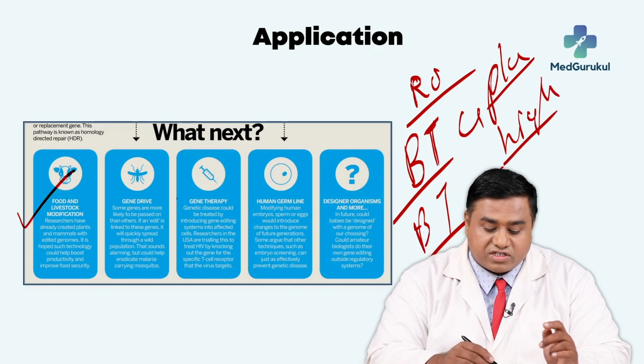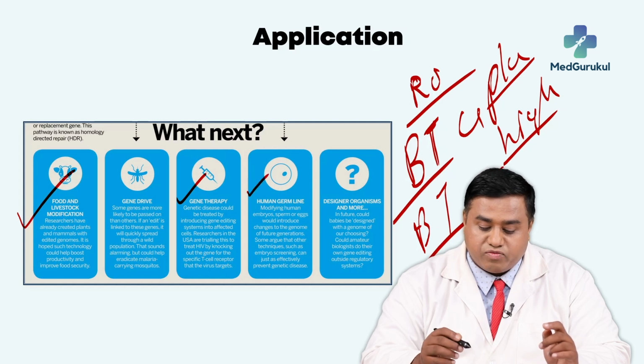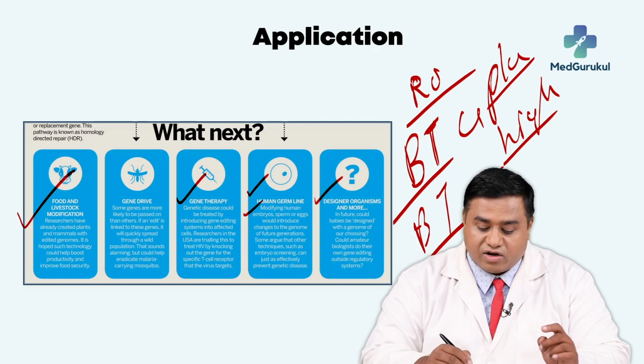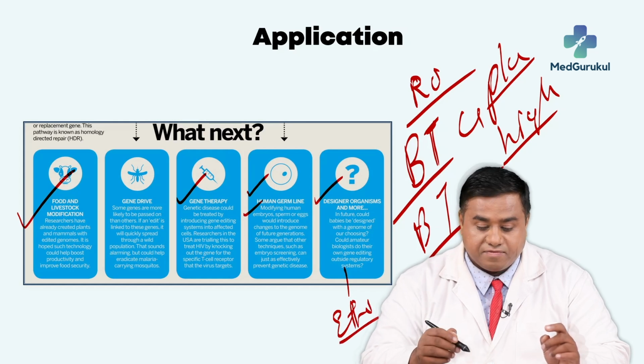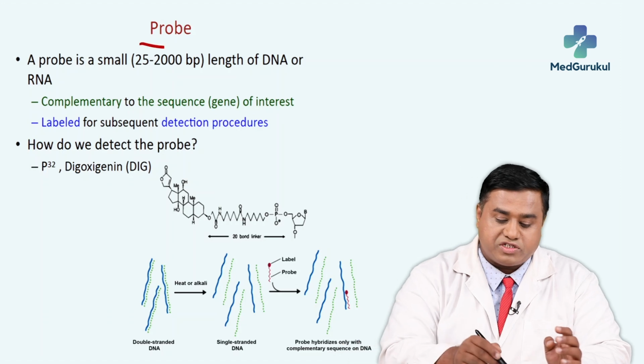We can also use it for gene therapy in the human germline so that we can modify the embryo and produce superhumans or designer organisms, which is ethically not allowed in most countries. The next aspect you have to learn in molecular technique is probes.